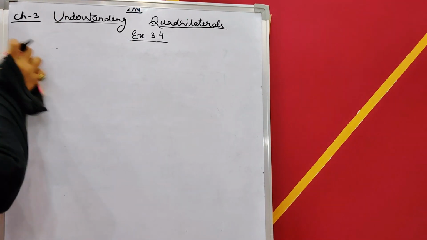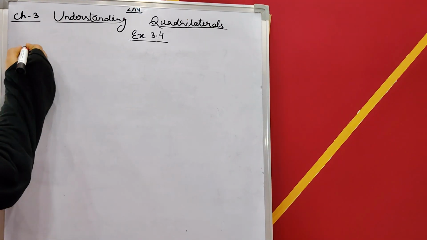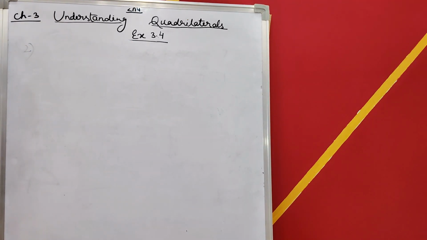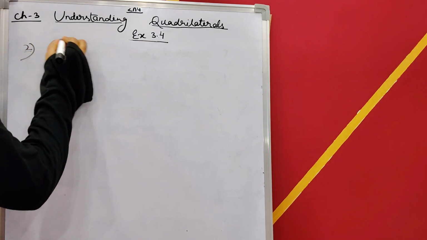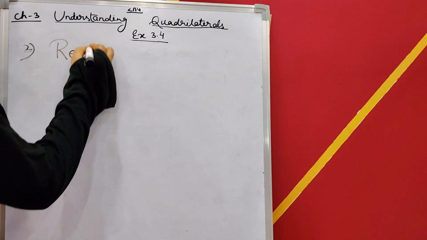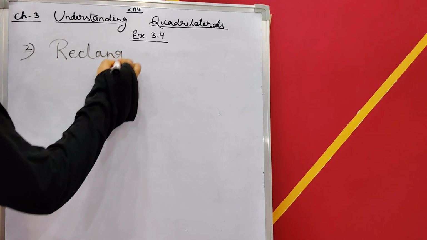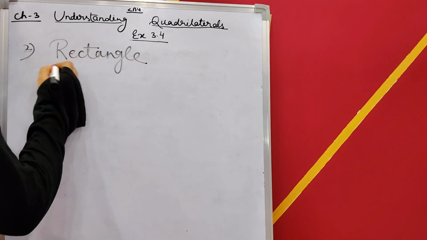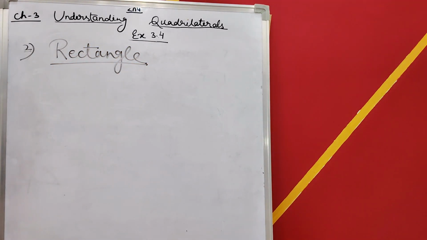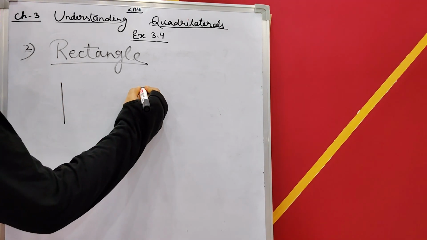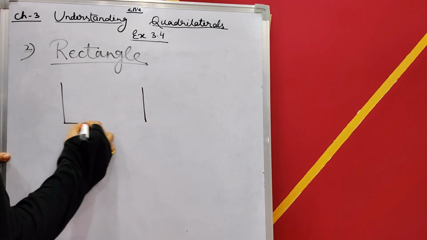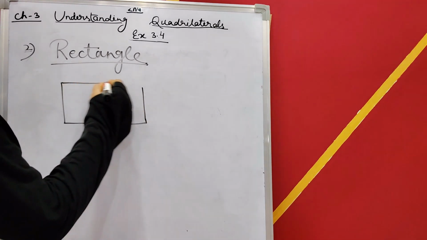Next, that is a rectangle. In a rectangle, opposite sides are equal.